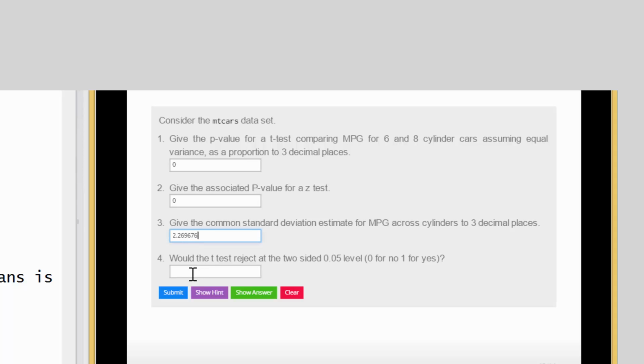I'm going to enter them all in just so I make sure I don't mess up the significant digits that it's requiring. And would it reject? Well, the p-value is really, really small, and so it's clearly less than any normal standard, and I even gave 5% there. So, okay, 1 for yes. Okay, and then if we hit submit, oh, it doesn't like my zeros.